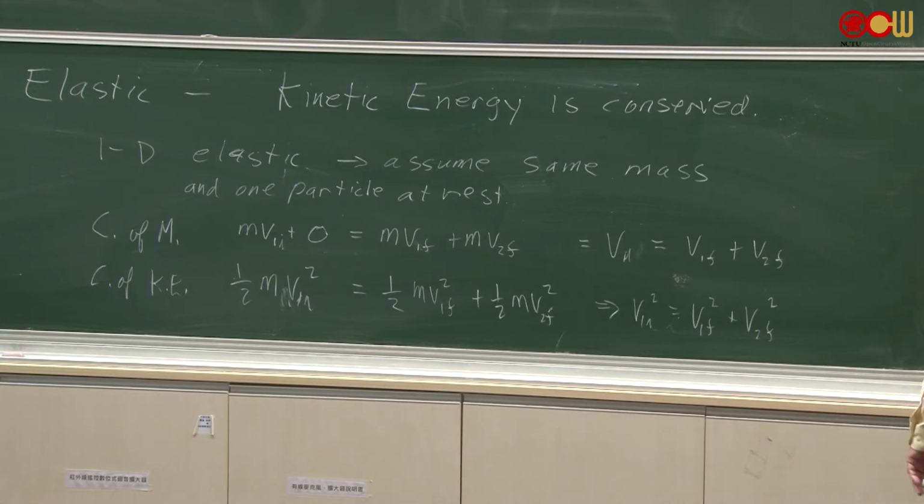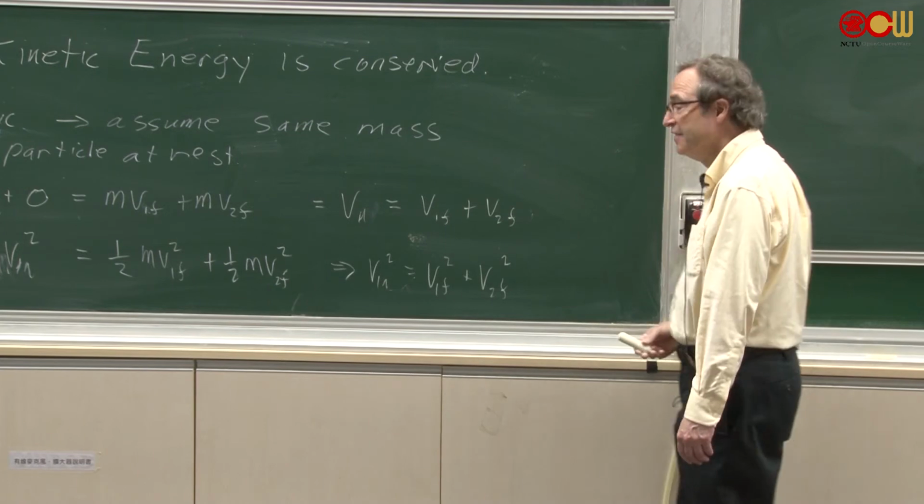All right, so the question is, how can I figure out something? What's the easiest thing to do to solve these two equations? And the answer is not solve for one and plug into the other. That's not a good one. The idea is, what's the easiest thing to do? The answer is square this equation.